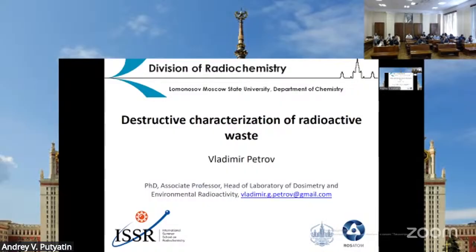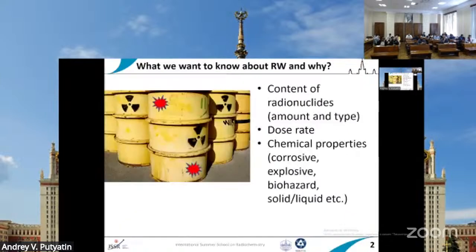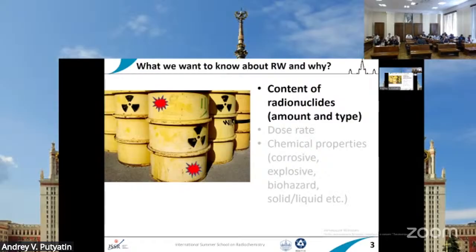For example, the next lecture will be more specific on the chemical mechanisms of these methods. What we want to know about the radioactive waste when it should comply with the waste acceptance criteria. It is not the full list, but the main characteristics: the content of radionuclides, of course, the dose rate, and the different chemical properties. And we will talk mainly about the content of the radionuclides.